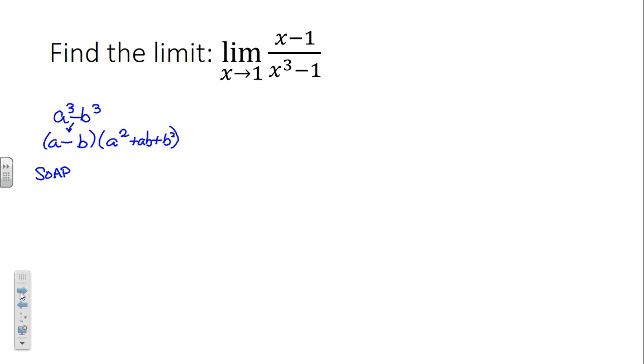Okay, should we try synthetic division to see if we're right? Can't hurt anything, right? We had an x cubed minus x, so what does that look like synthetically? What goes out in front?